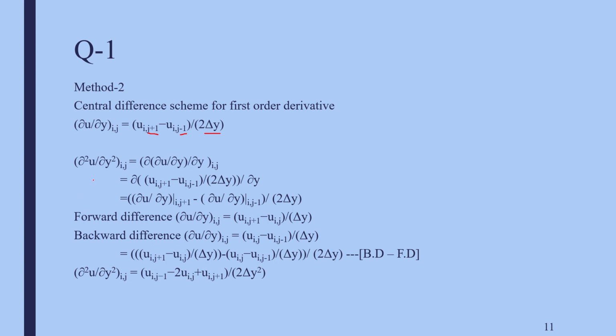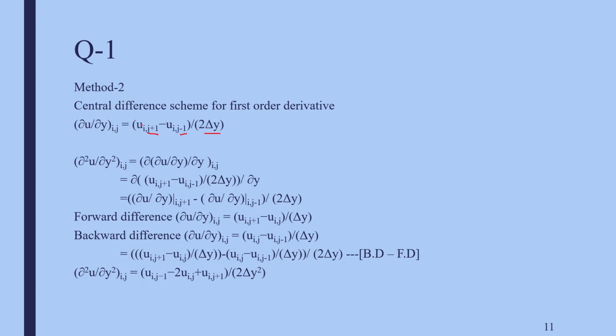And taking one more derivative, what we would be getting, del times of del u by del y at i comma j, that would give us del square u by del y square at i comma j. So taking one more derivative, that is del times of del u by del y by del y at i comma j.